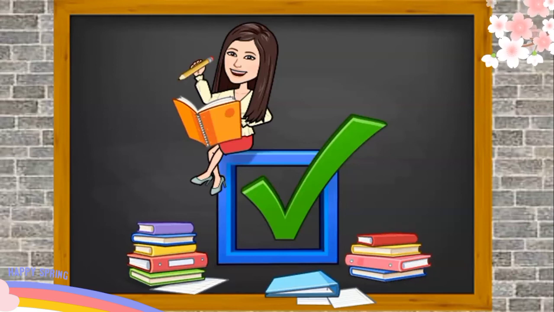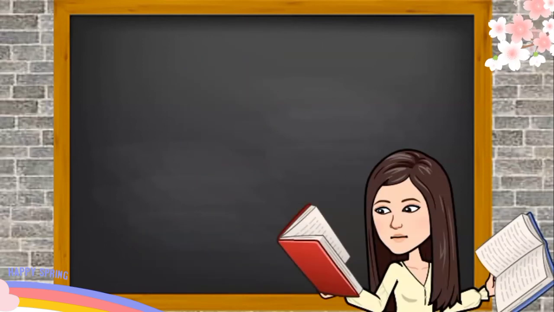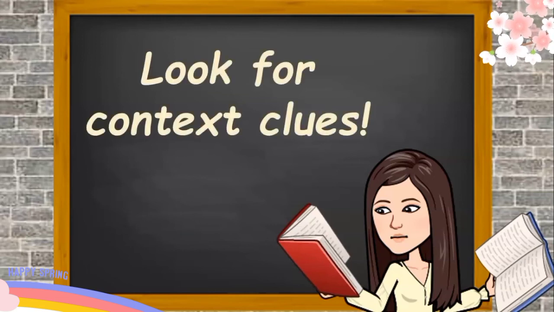Guys, I do hope that you could apply this learning in your everyday life. So whenever you encounter a new word, do not settle with not knowing it because you don't have a dictionary with you. Try looking for the context clues. It will surely be a great help.